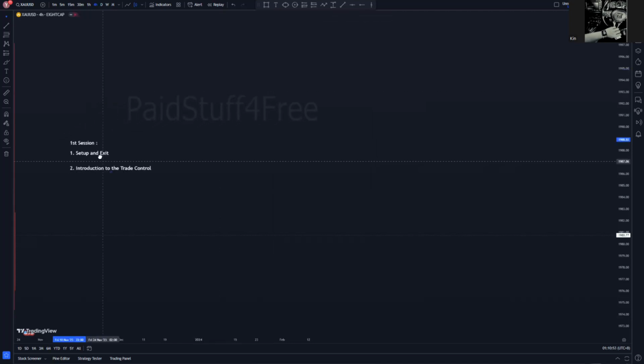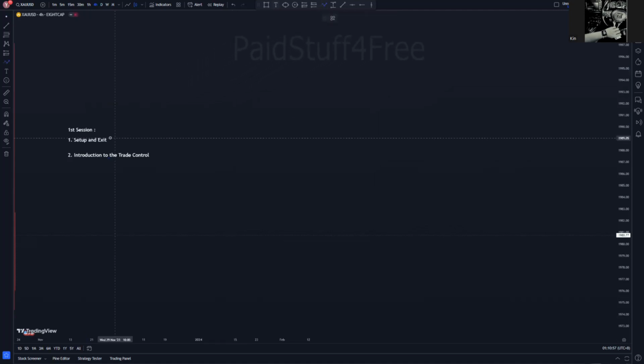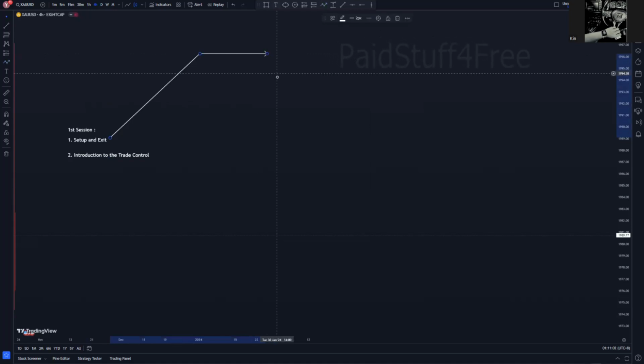So the first topic is going to be the setup and exit. As you guys know, I am not using any kind of indicator. I'm just using my naked charts, so there's nothing such as Bollinger Bands or moving average on my chart. So what is actually my indicator?